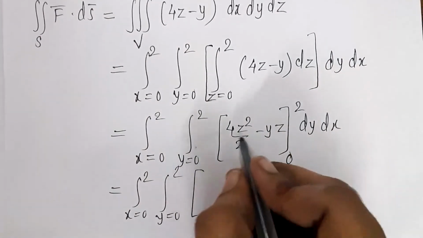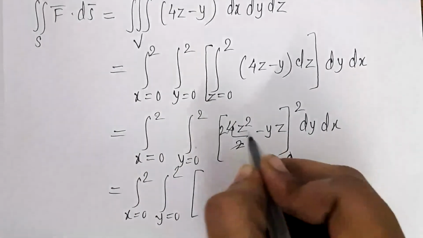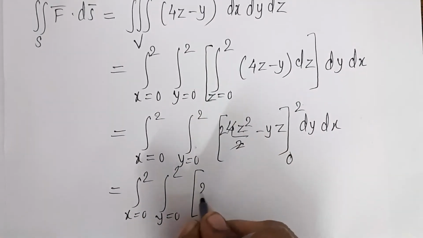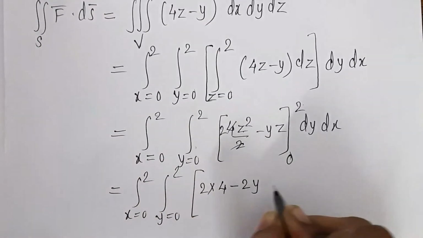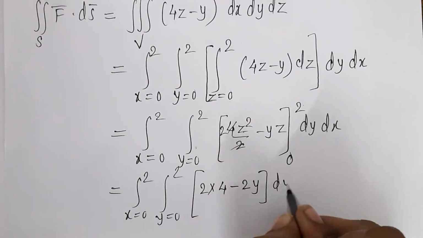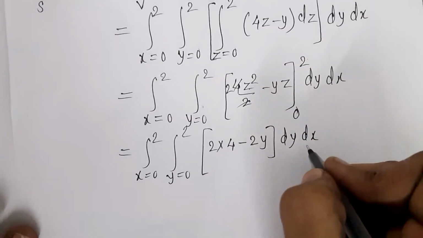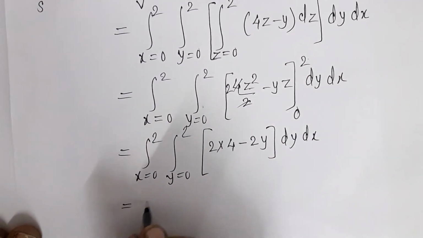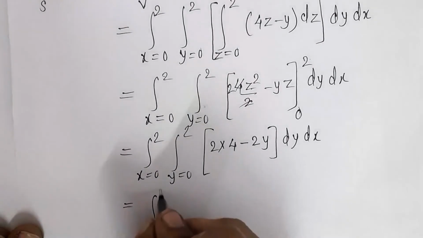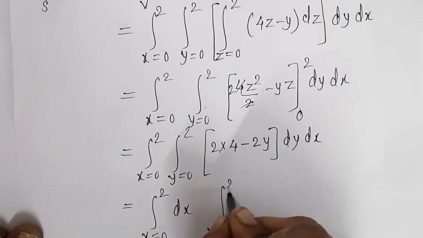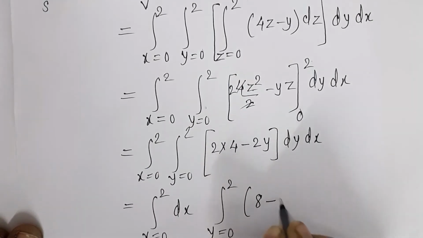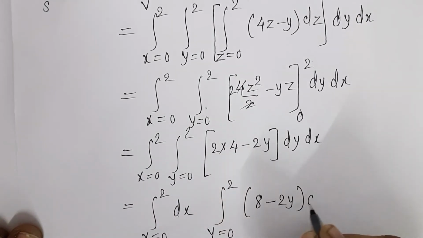Substituting the limits, the 2 cancels, and instead of z we put the limit, so 2 into 4 minus 2y. If we substitute the lower limit, we will get 0. So this is equal to the integration of dx from 0 to 2 times the integration of 8 minus 2y dy from 0 to 2.